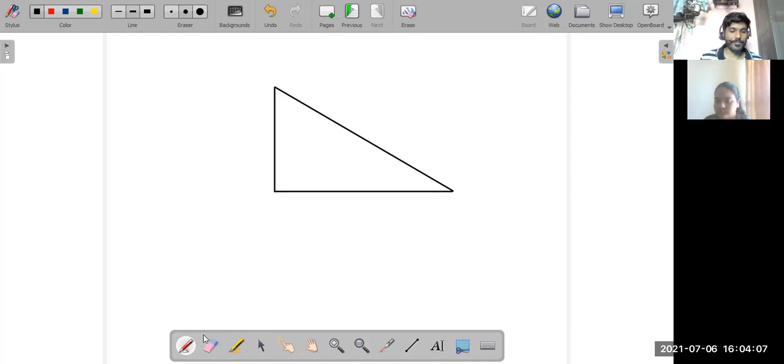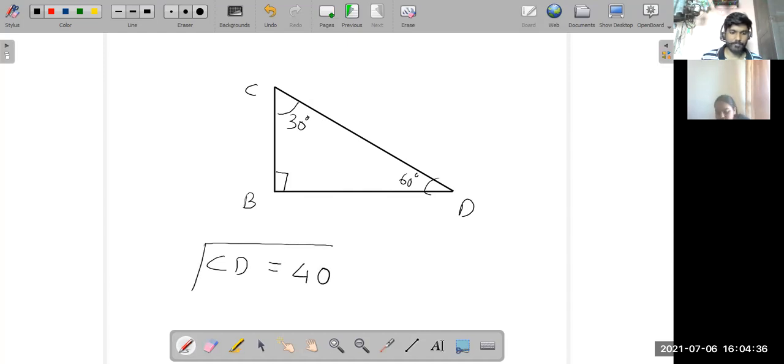Firstly, in this fifth sum, correct the diagram. Make it a right angle triangle. This is C, B, D. This was 60 degrees here, 90 degrees here, and this was 30 degrees here. Then you got up to the step where CD is equal to 40.